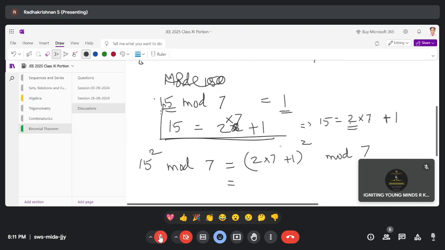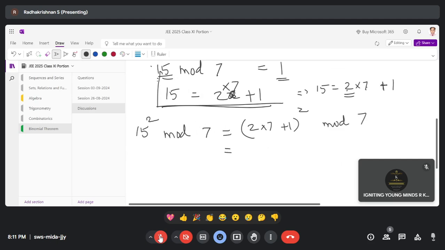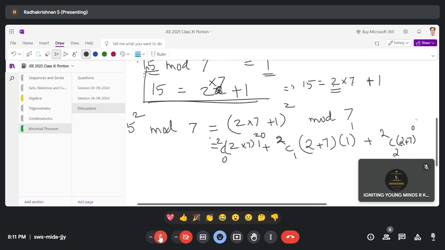இப்போ இதோட பைனாமியல் எக்ஸ்பென்ஷன் பார்த்தோம்னா, 2 into 7 plus 1 whole ஸ்கொயரோட பைனாமியல் எக்ஸ்பென்ஷன் பார்த்தோம்னா ஃபர்ஸ்ட் டேர்ம் வந்து 2 into 7 whole ஸ்கொயர் பிளஸ், 2C1 into 2 into 7 into 1. இங்க வந்து 1 power 0ன்னு இருக்கும் போது nC0, அதெல்லாம் நான் left it out. இப்போ அடுத்தது 2C2 into 2 into 7 whole power 0 into 1 power r.